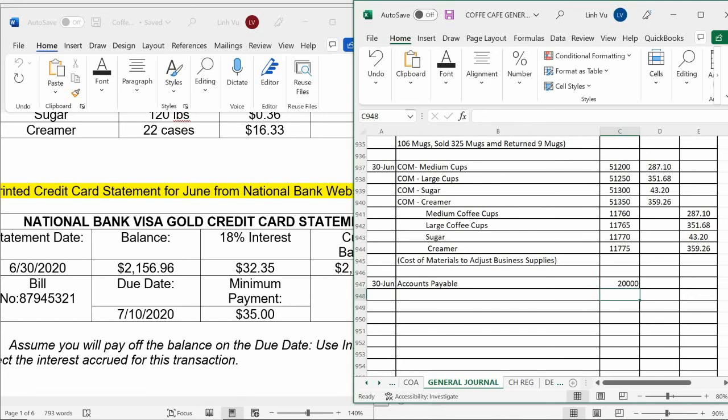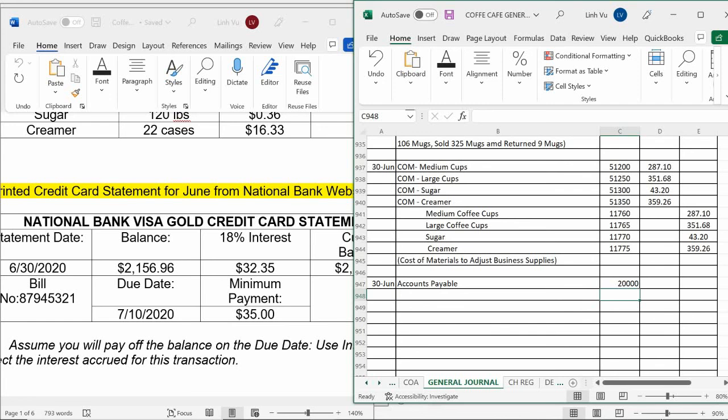Now, where am I going to be taking this bill out from? What is this statement for? Credit card. Your credit card, right? And it says right here that you're planning to pay off the entire balance on your credit card.